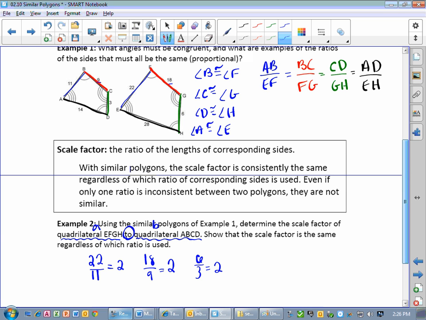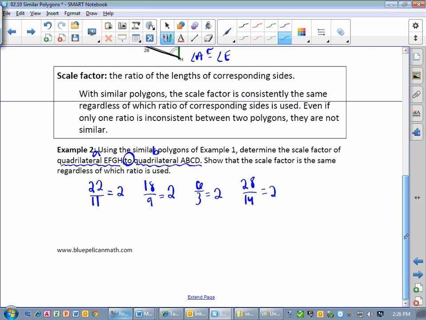And 28 to 14 is 2. And so we have a scale factor, which from now on I'll just write SF, of 2. So the scale factor of quadrilateral EFGH to quadrilateral ABCD is 2, which is what Justin said, the larger one is twice as big as the smaller one.